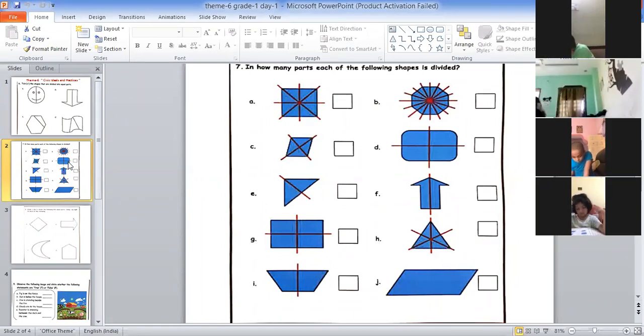You have to count in how many parts each of the following shapes is divided. Please write date and class work on page number 4, children.